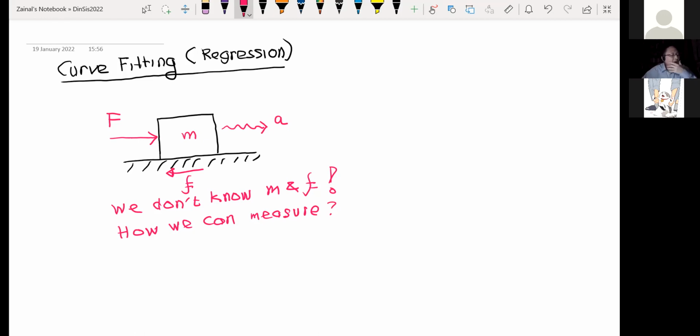Okay, now what we do is something like this one. We do experiment. We apply force and we measure acceleration. By measuring the force, we apply known force and measure the acceleration. By measuring force and acceleration, we can identify M and F.